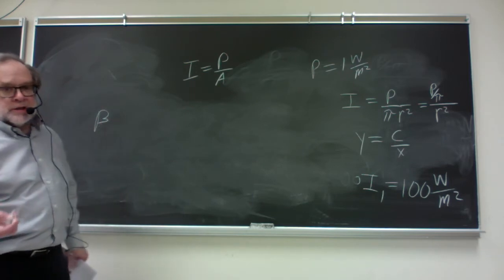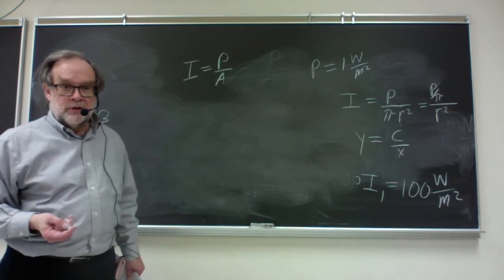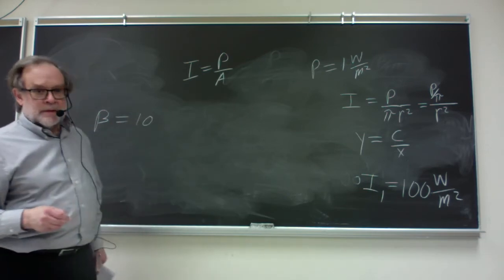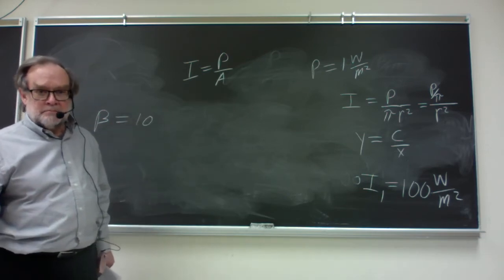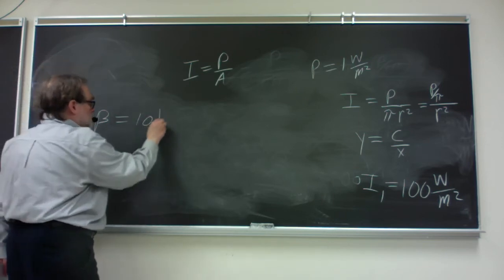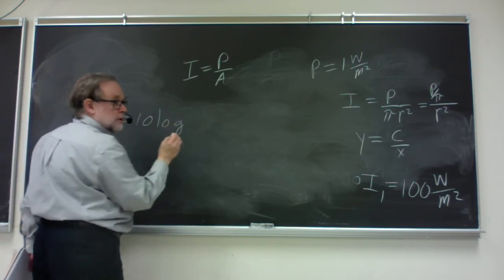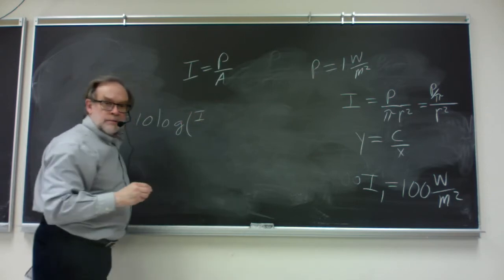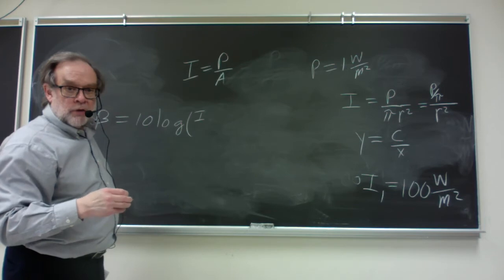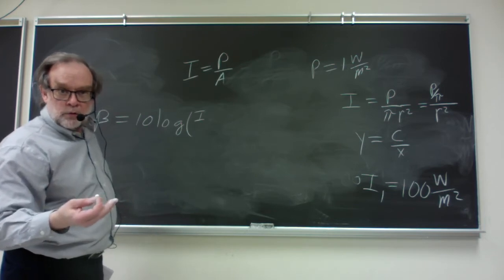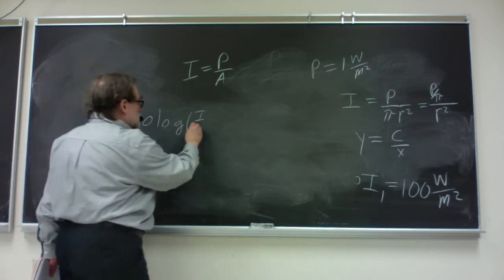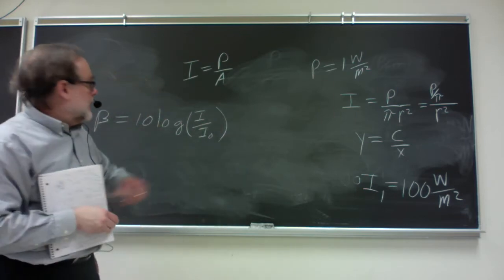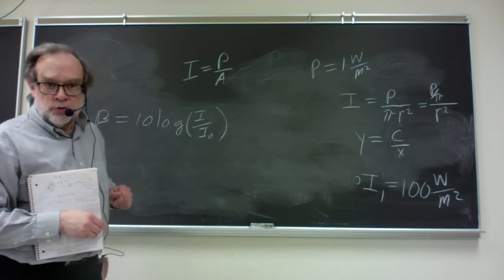Beta is just our symbol for intensity level in decibels, and it's 10, the prefix deci means 10, log of a ratio, and the ratio is the intensity in watts per square meter of the wave that we're examining, divided by some reference intensity, some intensity that we compare every other intensity to.